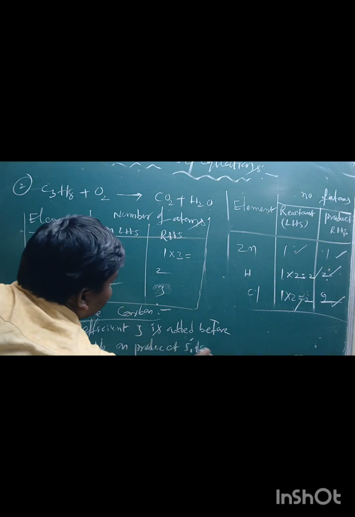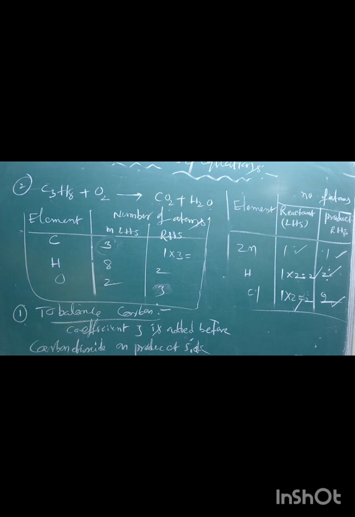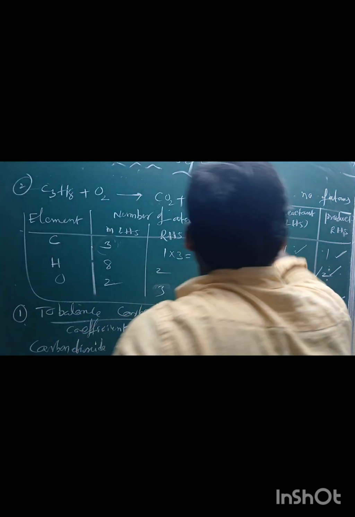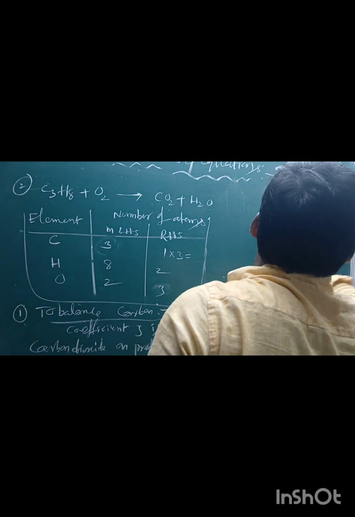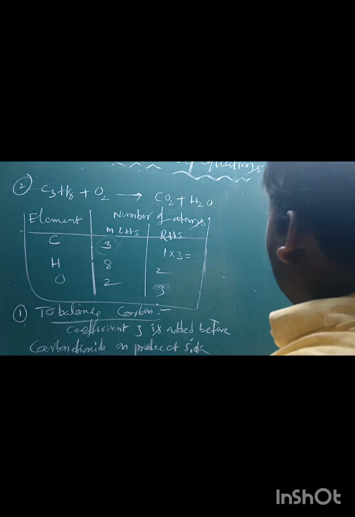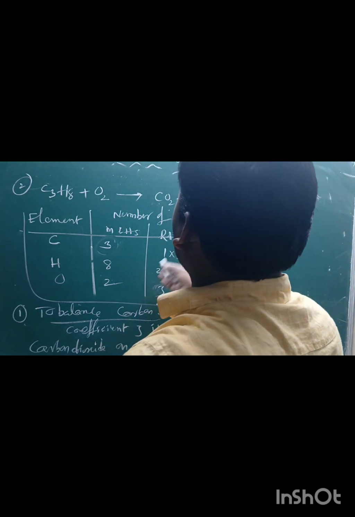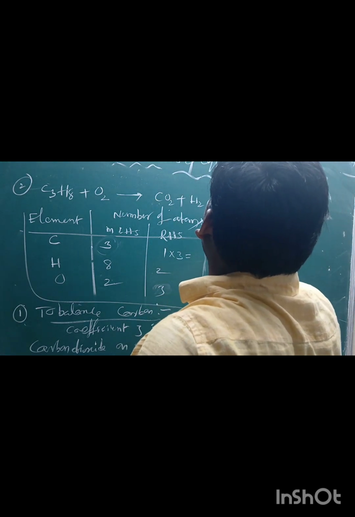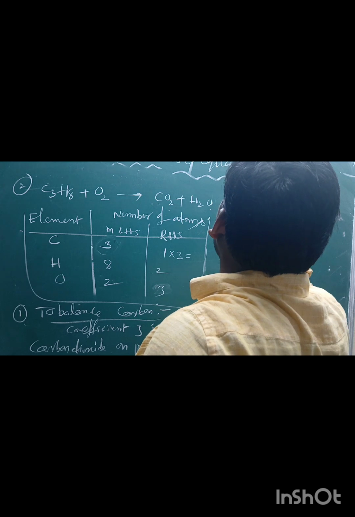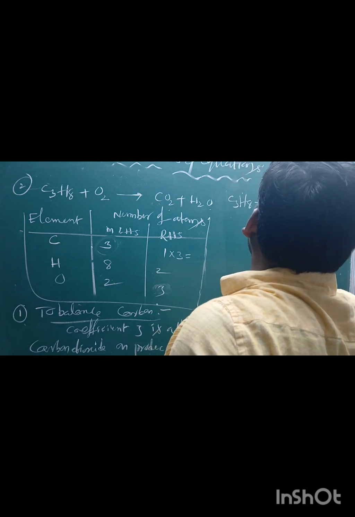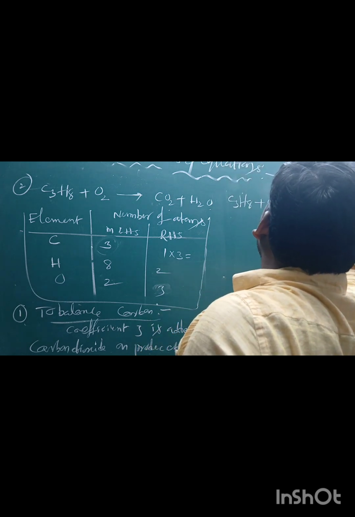Product side means this side. So the equation becomes C3H8 plus O2 gives rise to 3CO2 plus H2O.